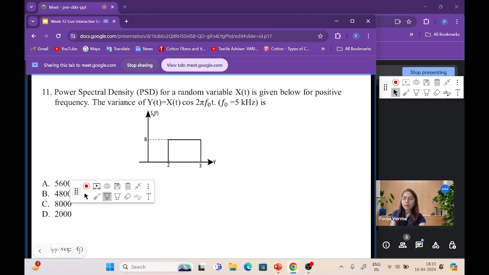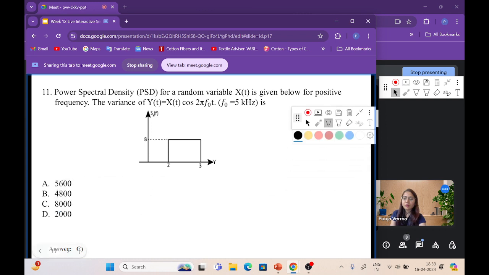Now the next question: the power spectral density of a random variable x(t) is given below for a positive frequency. The variance of y(t) is equal to x(t) cos 2 pi f naught t, where f naught is 5 kilohertz. So the power spectral density is given for a random variable x(t), and we have to calculate the variance.